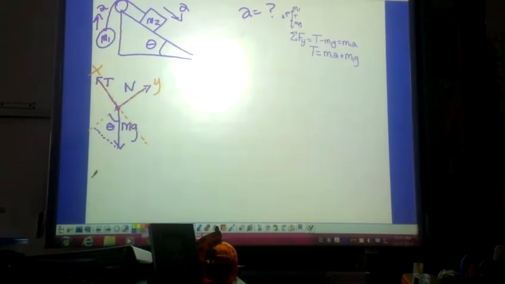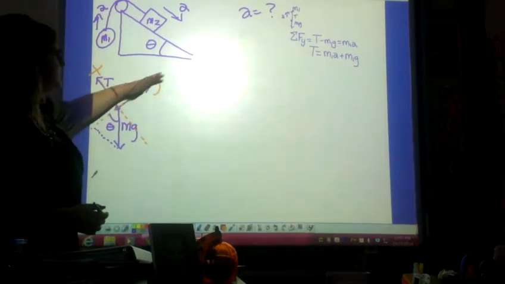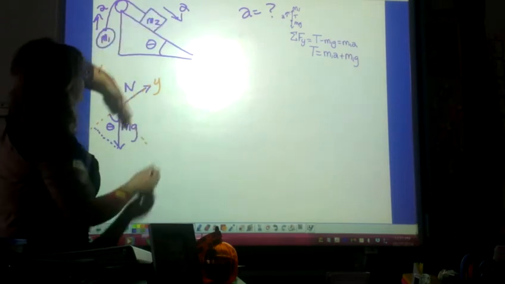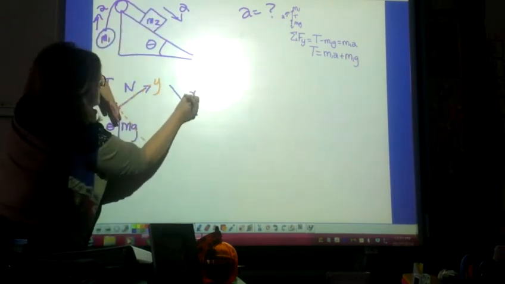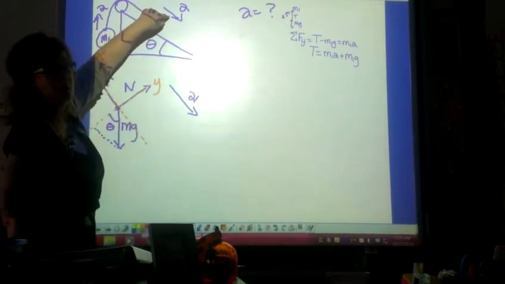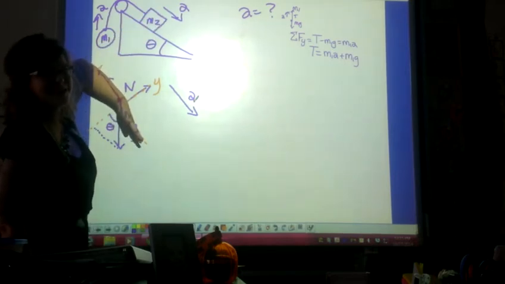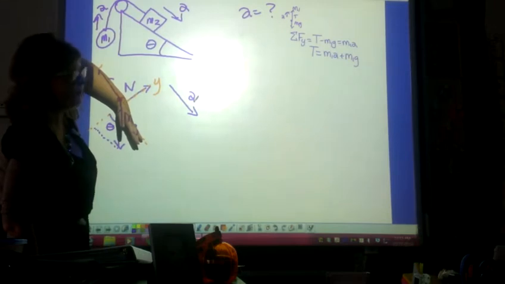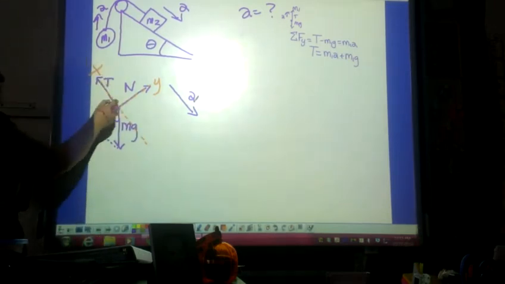My question then, which forces are causing the acceleration? Forces in the y, forces in the x. If it's accelerating this way, according to my picture, you should be saying the forces in the x. Yes? I hope we all see that. Okay, so forces in the x.